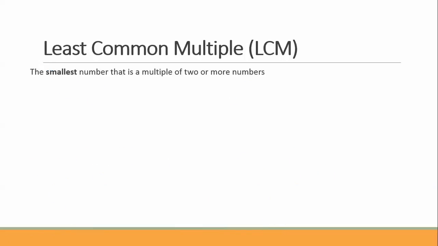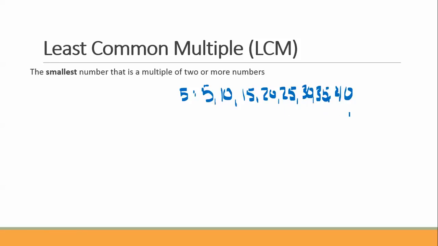Least common multiple is the smallest number that is a multiple of 2 or more numbers. So, for instance, let's say we have 5. Our multiples of 5 are 5, 10, 15, 20, 25, 30, 35, 40.